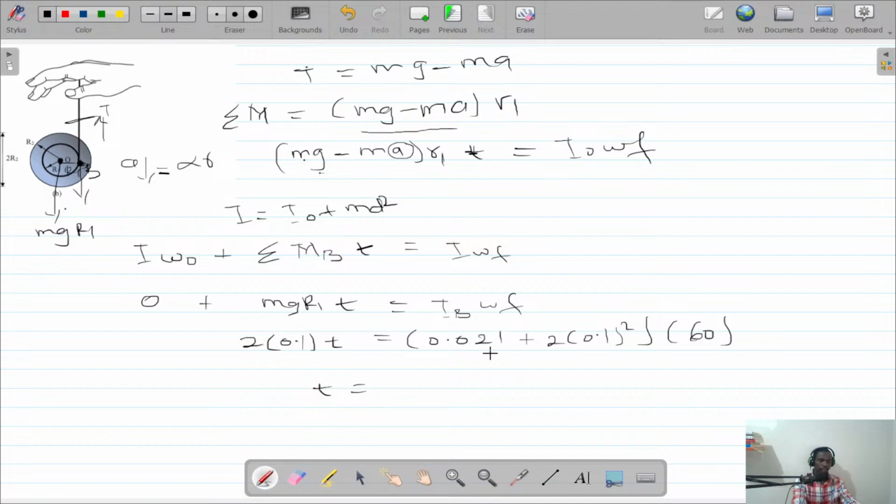So 2.46 divided by 0.2, we have 12.3 seconds. So we have the time.